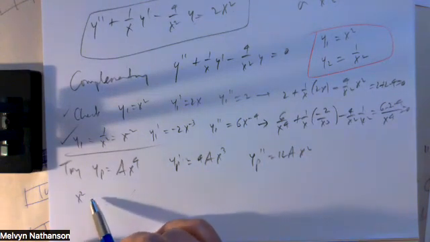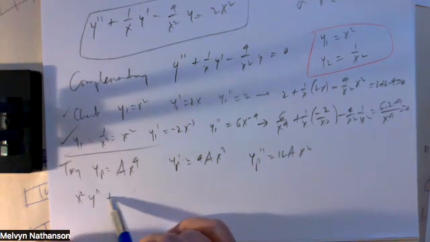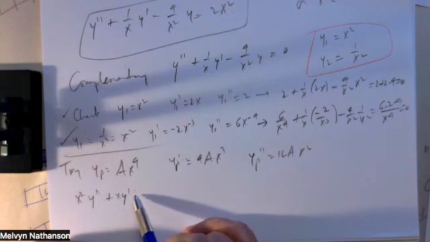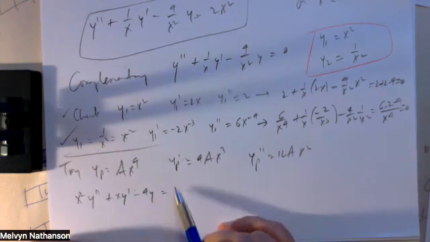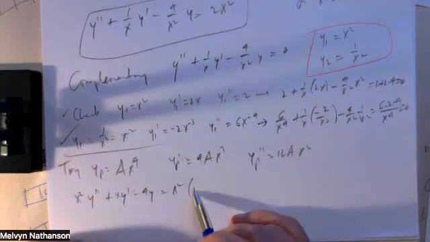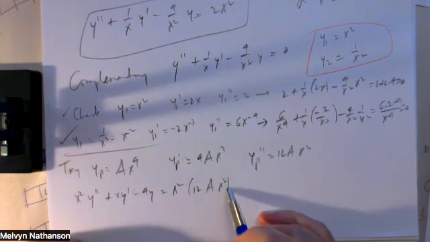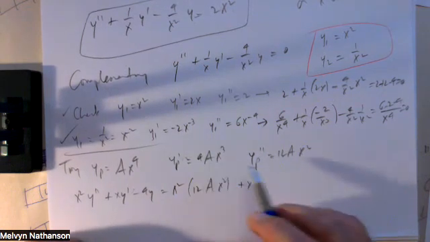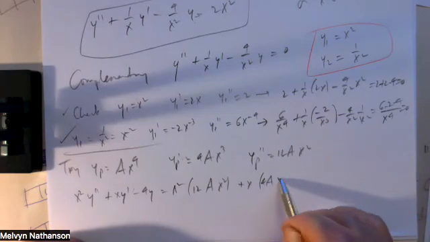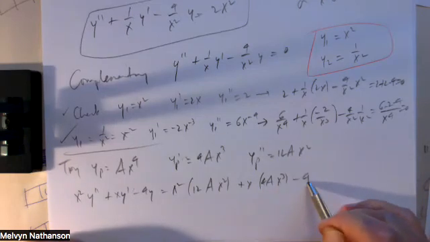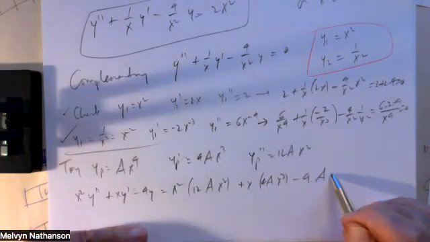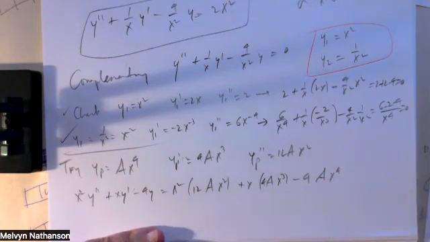So x squared y double prime plus xy prime minus 4y, that's x squared times 12a x squared plus x times 4a x cubed minus 4 times ax to the 4th.